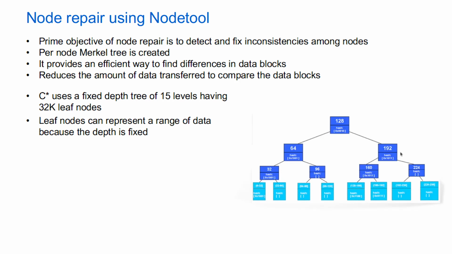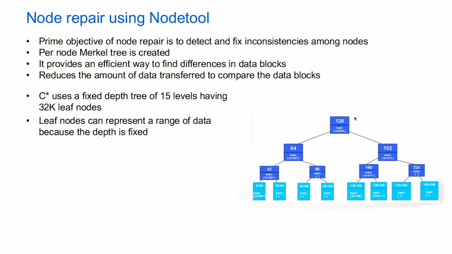If I can transmit this Merkle tree, and if 2 Merkle trees from 2 different nodes, or 3 Merkle trees from the 3 replica nodes, are with me, who am I? I am the repair coordinator on which the repair job is actually running.